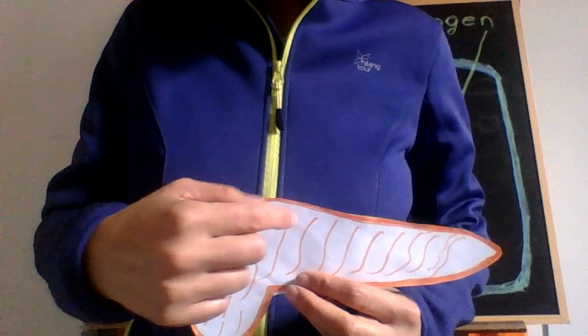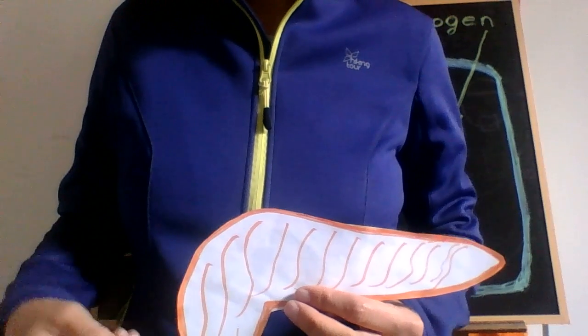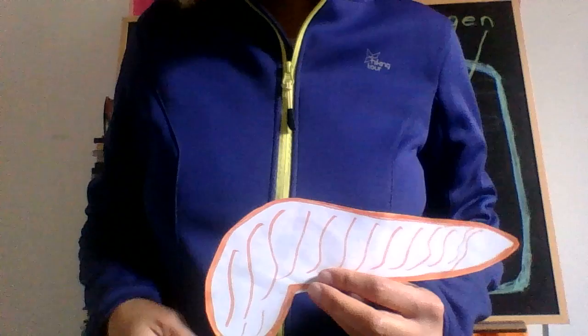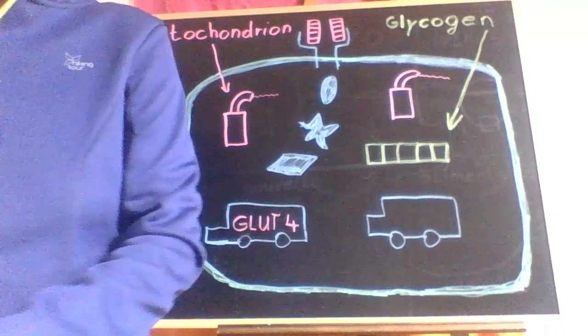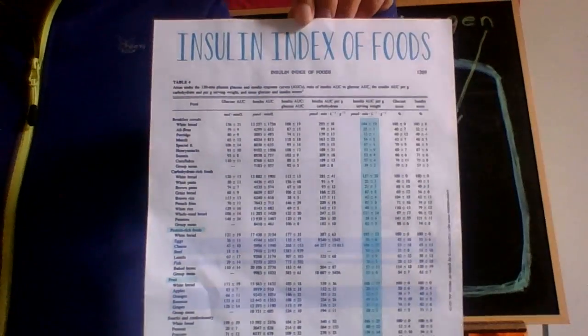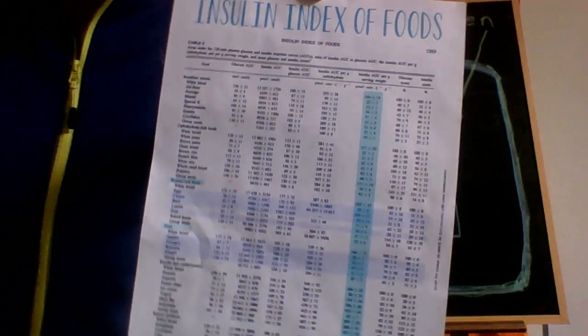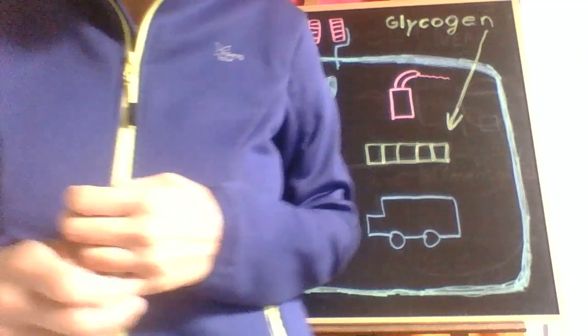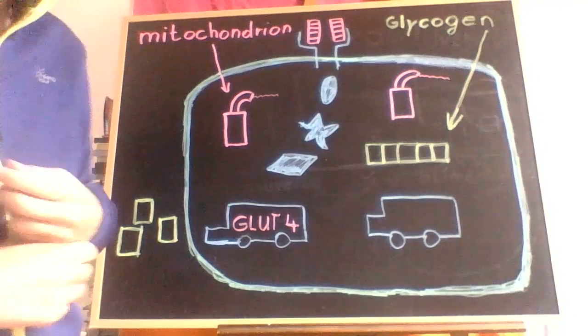The little beta cells in the pancreas will produce as much insulin as needed for that certain food. Insulin is produced not only for the sugar, and when we look at the insulin index, we have an idea how much insulin is produced for certain food.